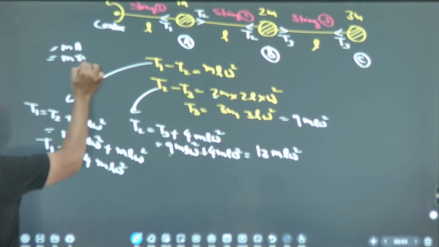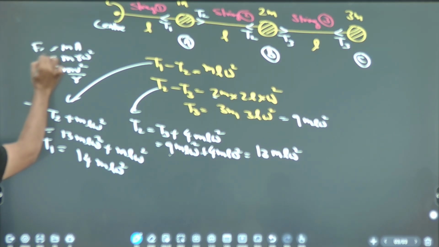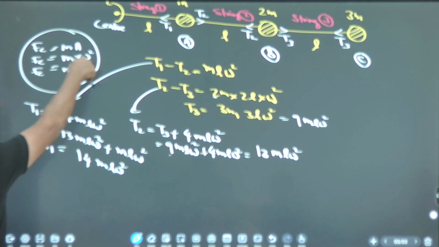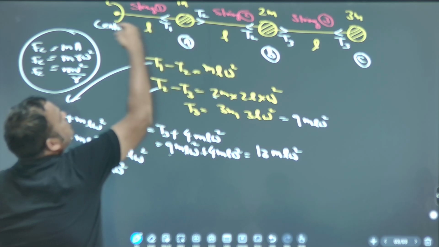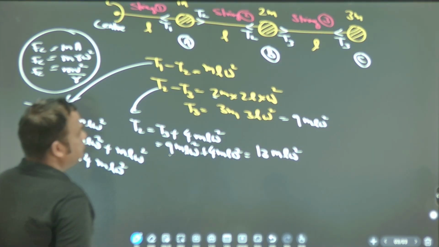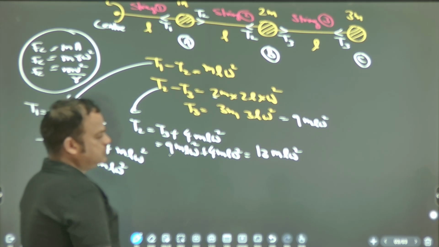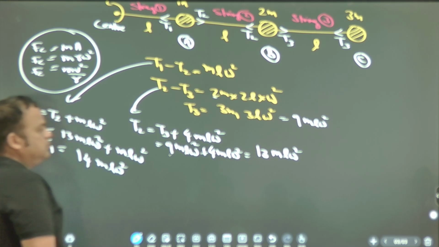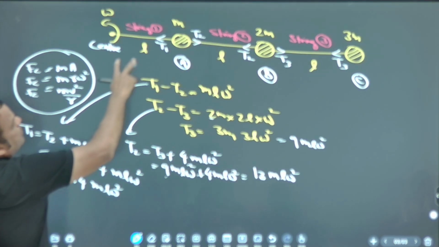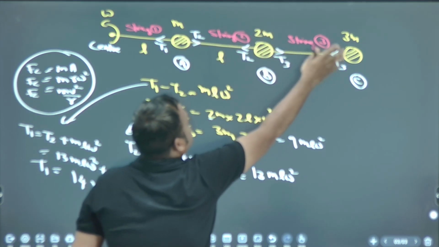So A is R omega square or V square by R. So centripetal force is equal to mv square by r or mr omega square. So for these types of questions, omega you have to take. So T1, T2, T3. String 1 tension is T1, string 2 tension is T2, string 3 tension is T3.